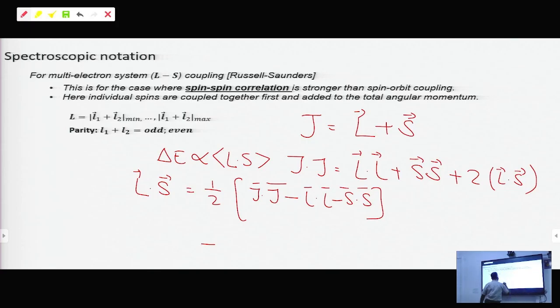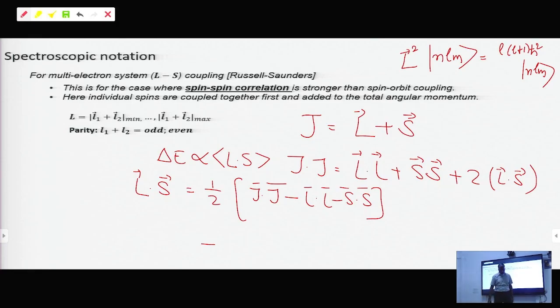Say you have L square acting on a state with one particular value m. So this is an eigenvalue problem. The eigenvalue of L square is L into L plus 1 times h-bar square. Similarly, the eigenvalue of J square is J into J plus 1 times h-bar square.